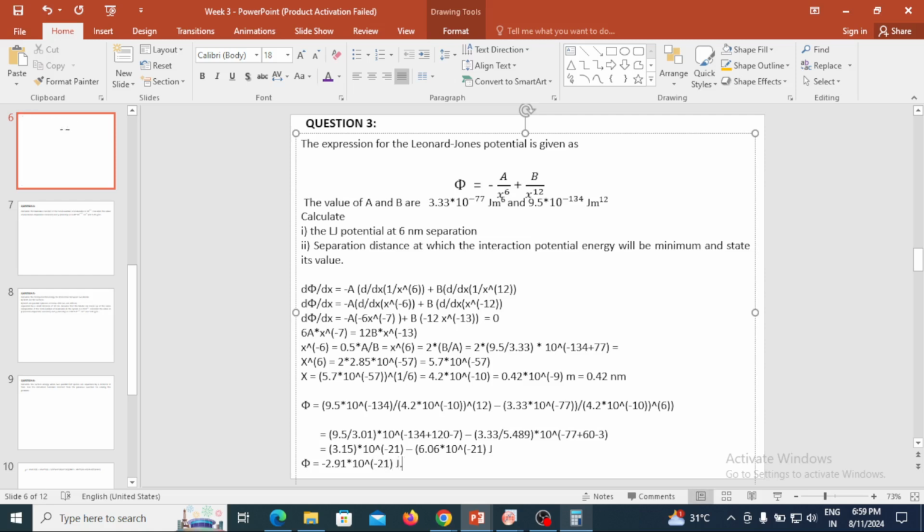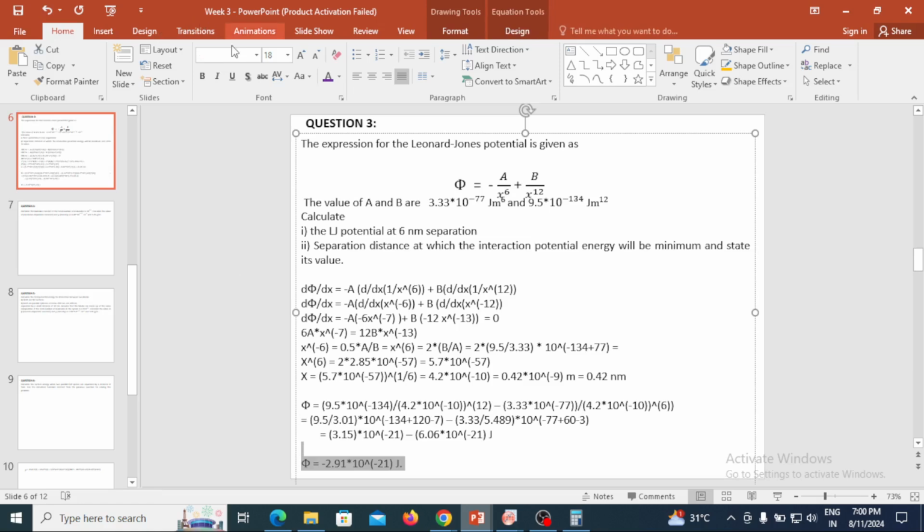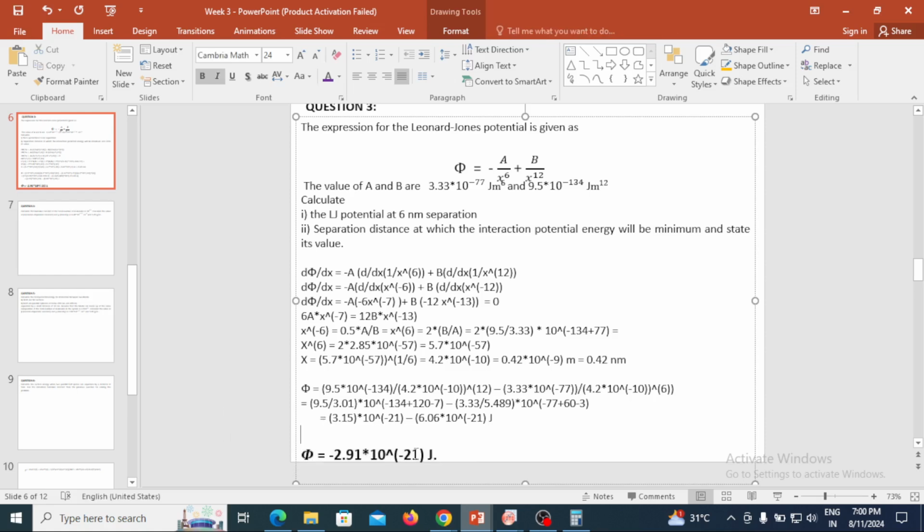So this is the interaction potential energy, the minimum interaction potential energy, and the negative sign that you see here basically states that the interaction between two molecules or between two atoms is attractive in nature.